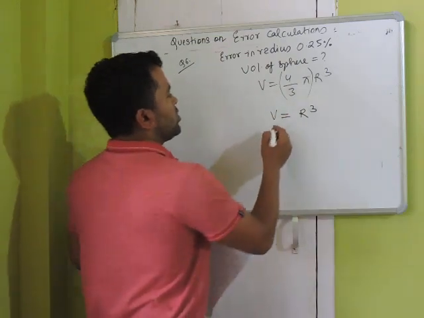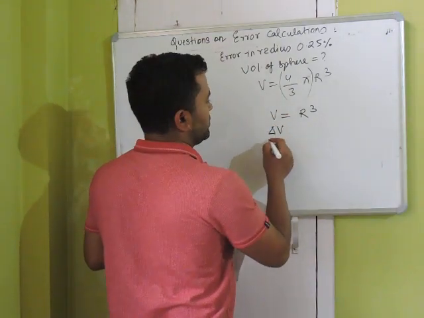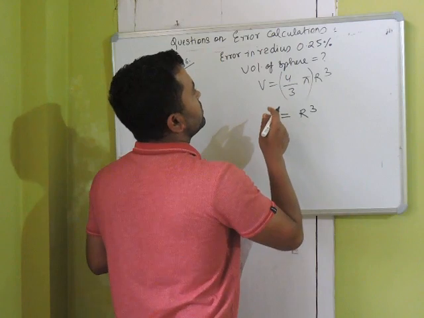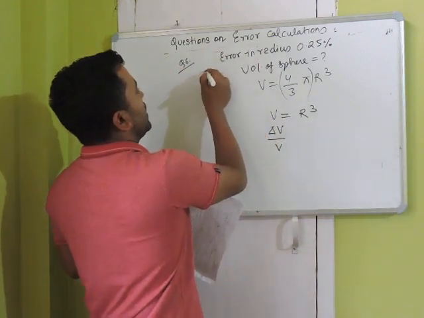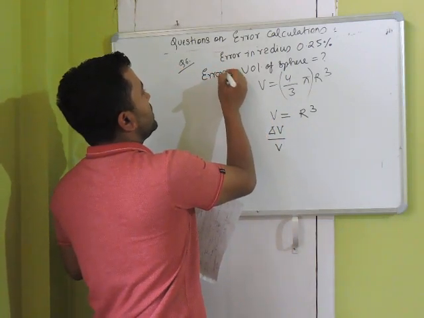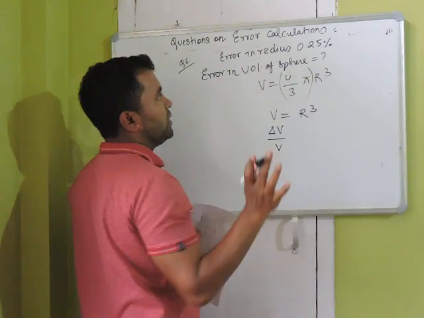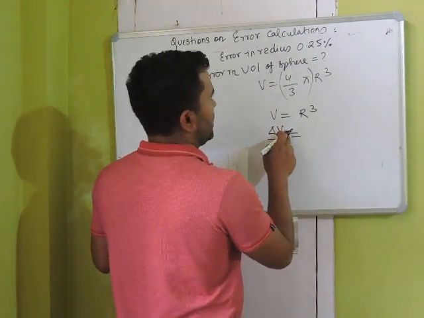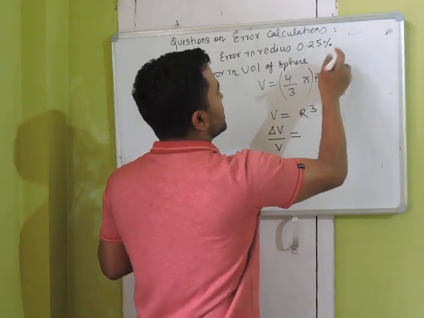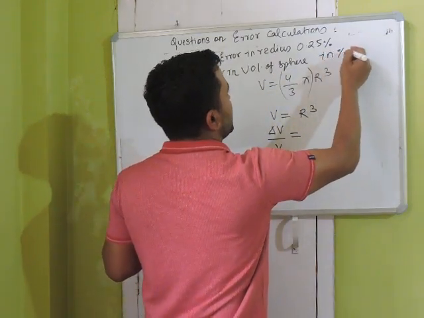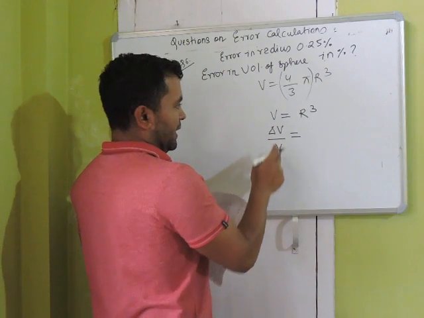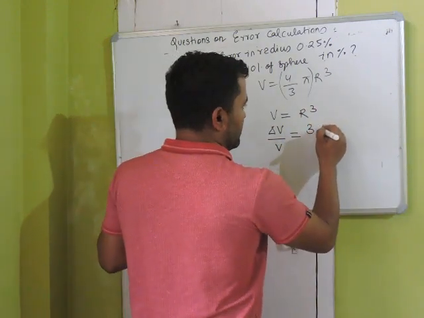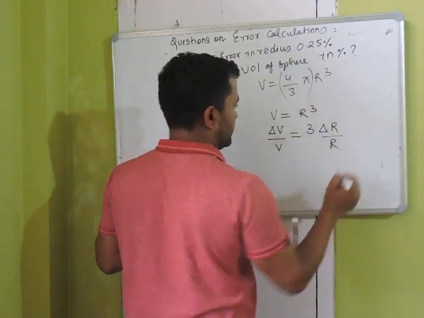Now the question is, the error in volume of the sphere you have to calculate, in percentage. Let's see. So delta V by V will be 3 times delta r by r, right?